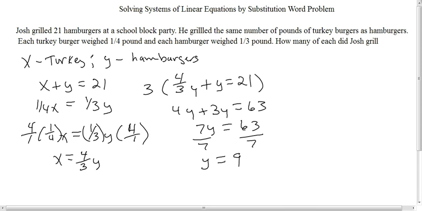Okay, so that's telling us we got 9 hamburgers. Now all we need to do is put 9 in for Y in the first equation. That's simple: X plus 9 is equal to 21, and we subtract 9 from both sides. That gives us X is equal to 12.